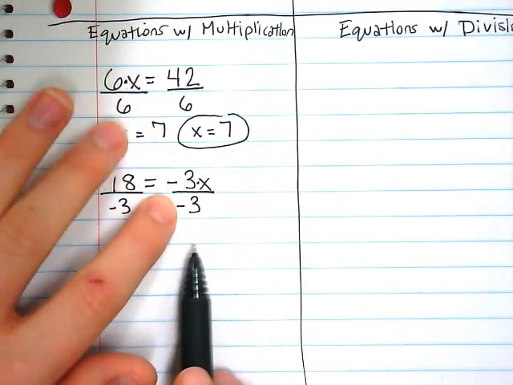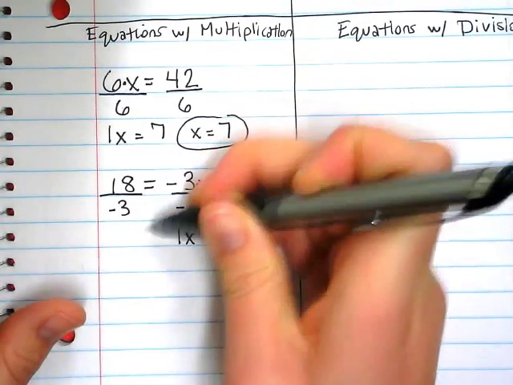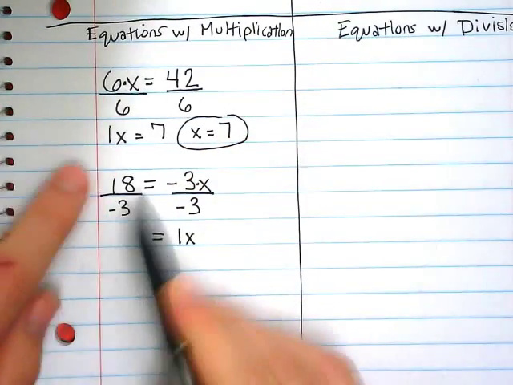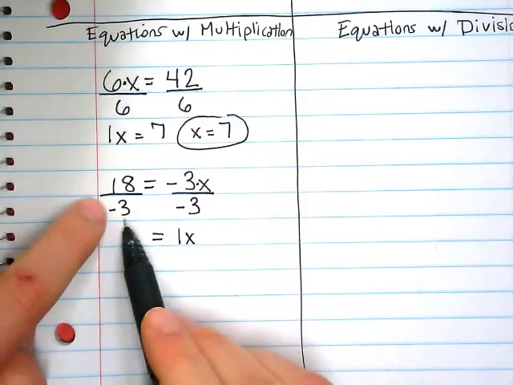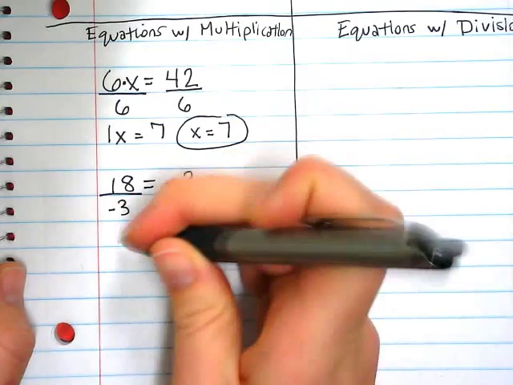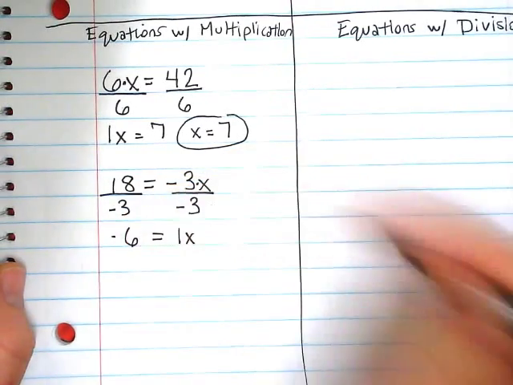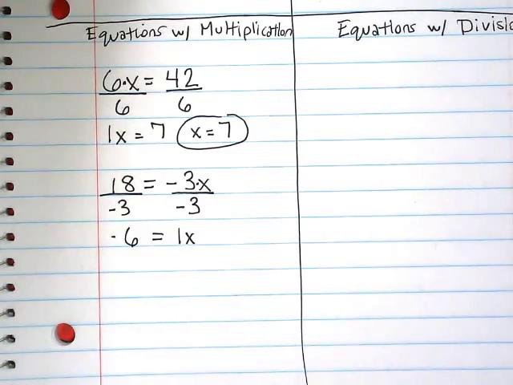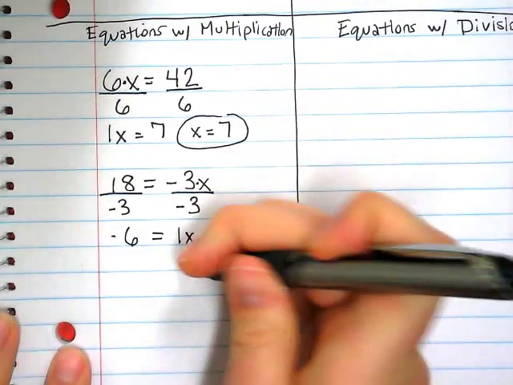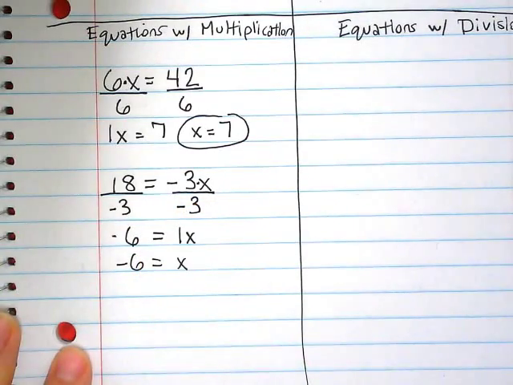Negative 3 divided by negative 3 is positive 1. So we've got 1x, here's my equal sign. 18 divided by negative 3, that's going to be, let's see, a positive divided by a negative is negative 6. And since 1x is the same as just a regular x, we could rewrite this as x is equal to negative 6.